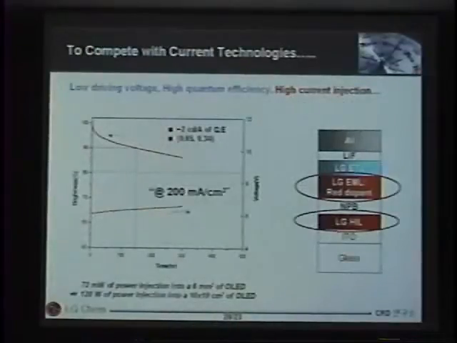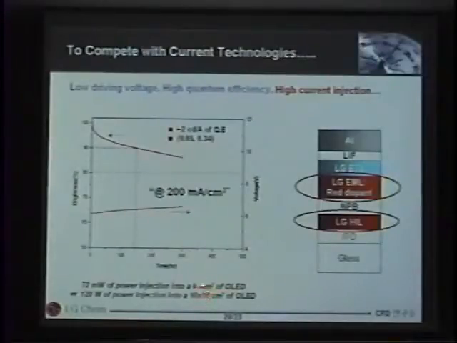So let me give you a couple more interesting things. This is just a simple device without changing any anode or cathode, showing just the EML itself. We drive this device at 200 milliamperes per square centimeter, and the size of the device was about 6 square millimeters.